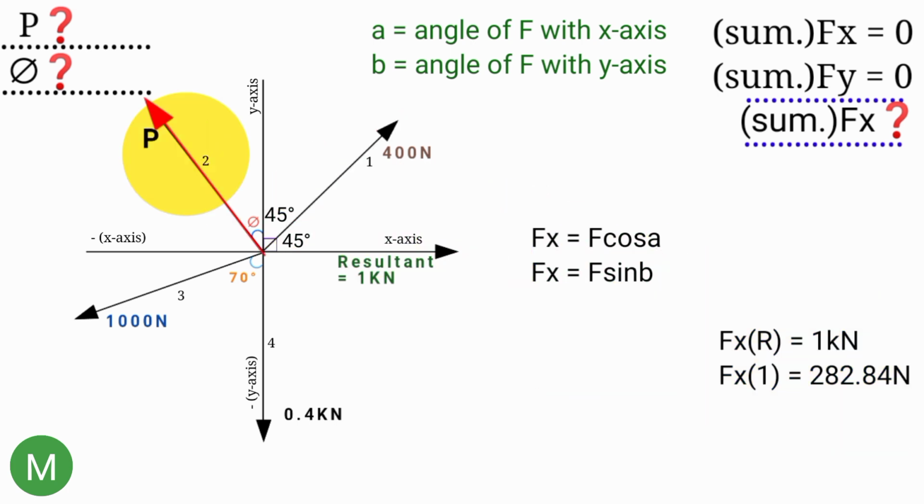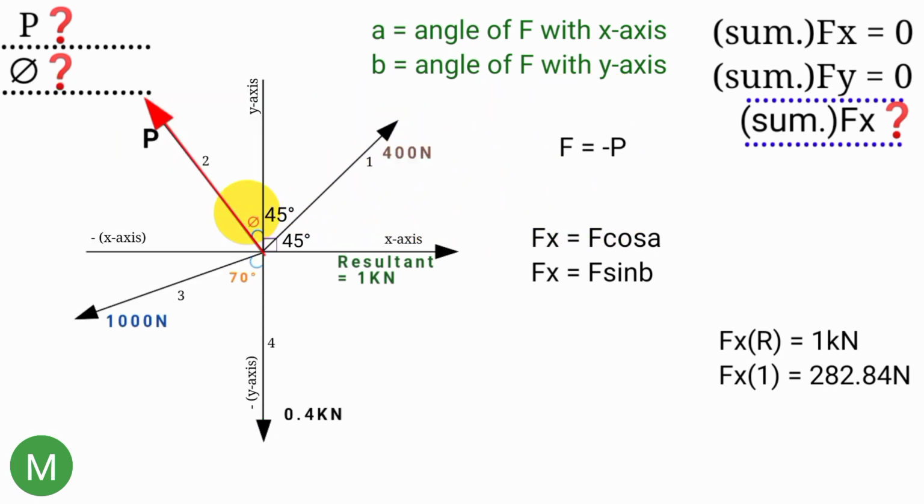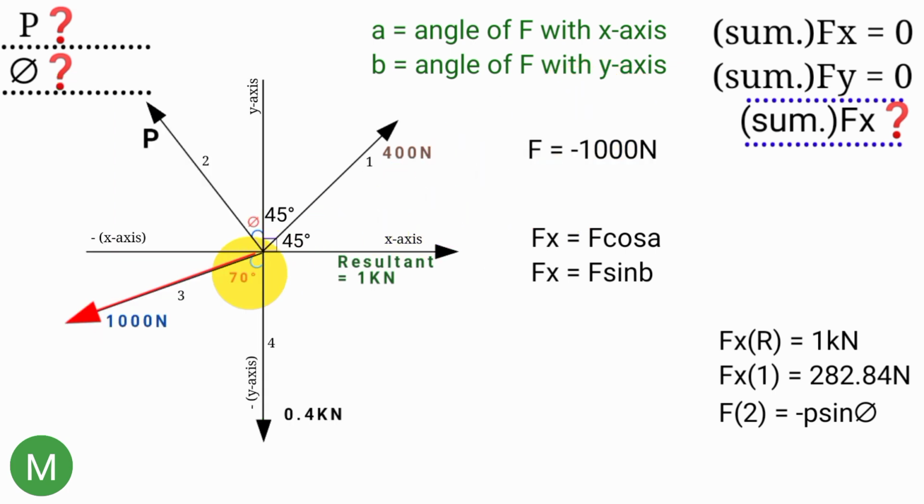Here, for Fx of P, since P is in the negative x-axis, F equal to minus P. And here, theta is the angle it makes with the y-axis, that is B equal to theta. Substituting here now, Fx for P is equal to minus P sin theta. Here, for 1000 Newton, since it is in the negative x-axis as well, F equal to minus 1000 Newton, and here 70 degree is the angle it makes with the y-axis.